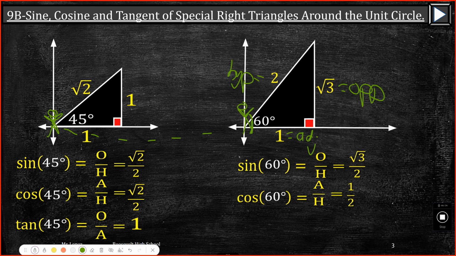Tangent. What's tangent going to be? Root 3 over 1. In another class, one student said root 3 over 1. What is root 3 over 1 reduced to? Root 3. The answer is root 3.